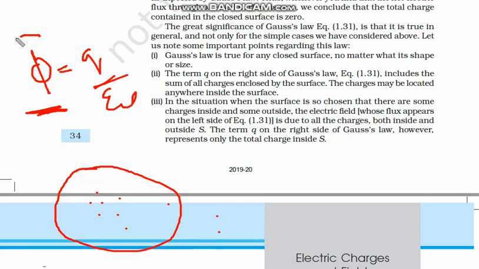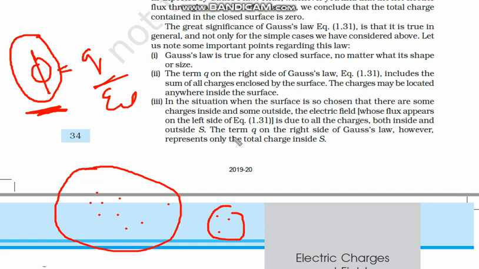The flux is not only because of the charges inside, but both inside as well as outside. These are outside, these are inside, and the flux is because of these as well as those.